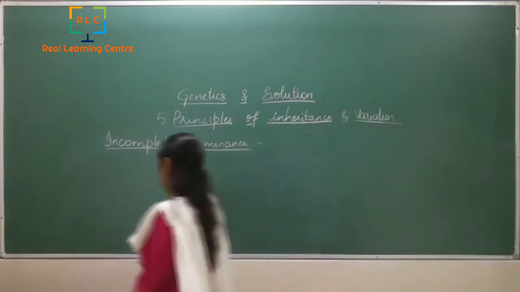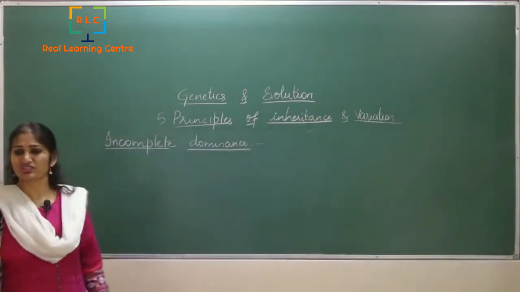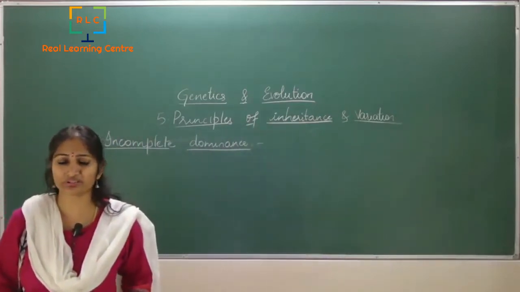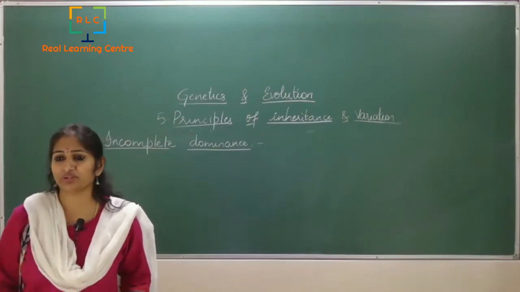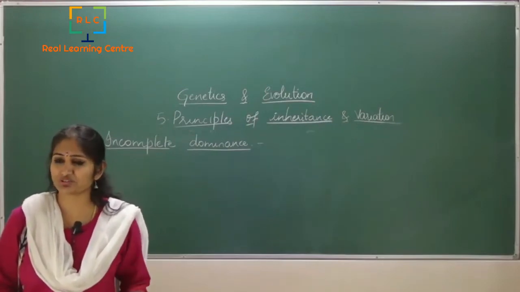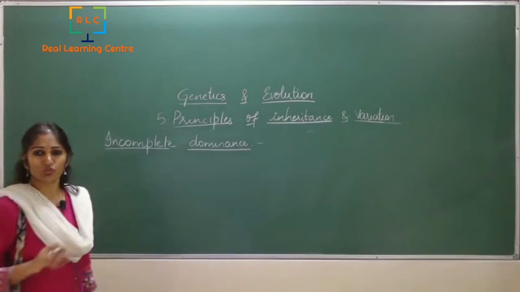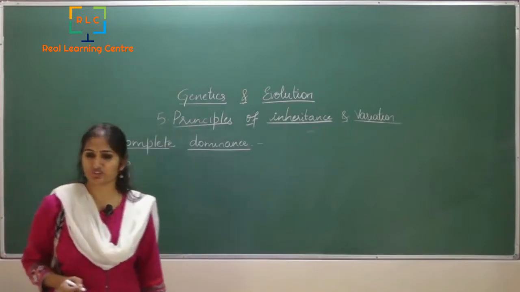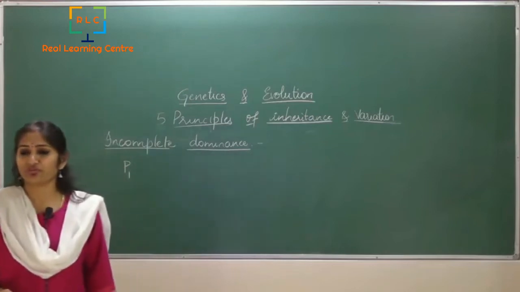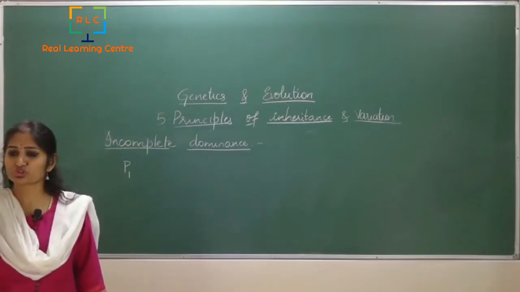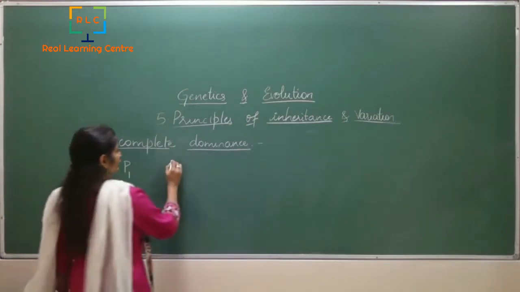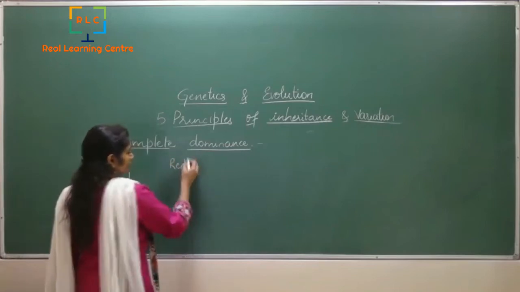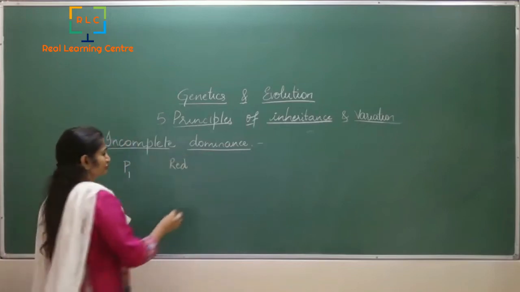For example, this is generally seen in Antirrhinum, snapdragon, and Mirabilis jalapa. We can take many plants there, and what was done was they took the P generation, and for the P generation they took true breeding plants which were giving red flowers.